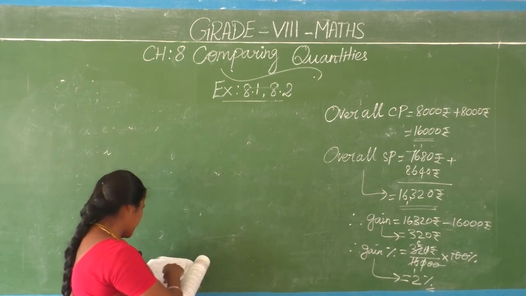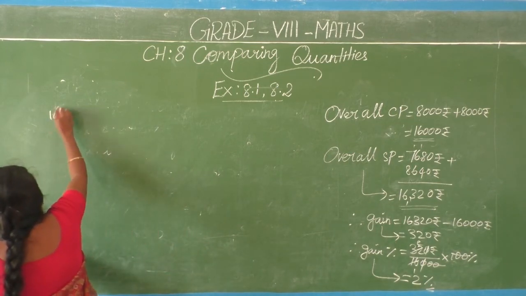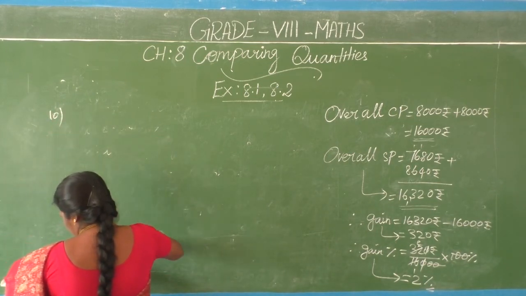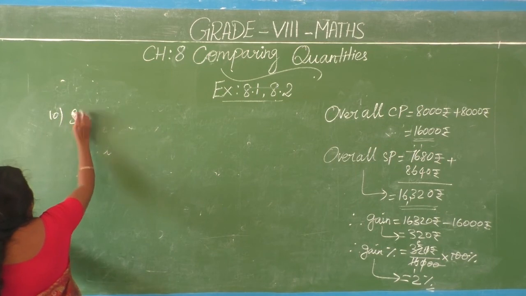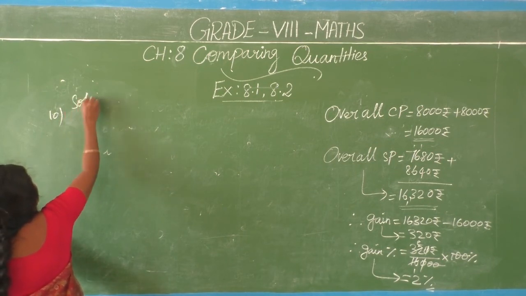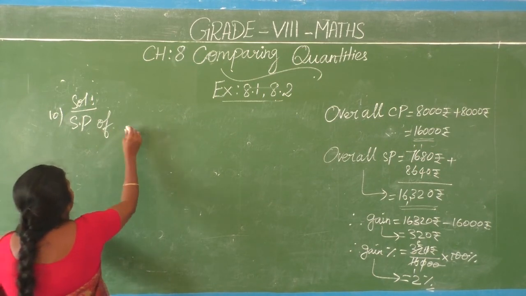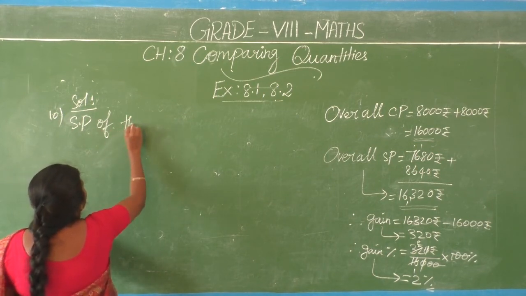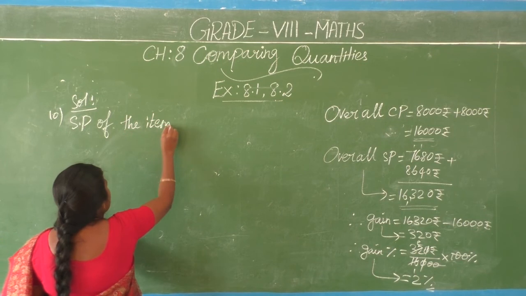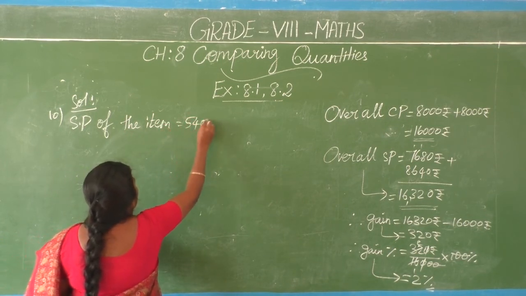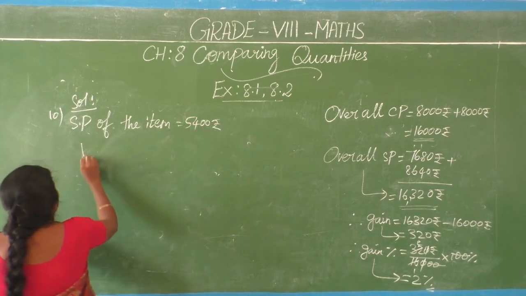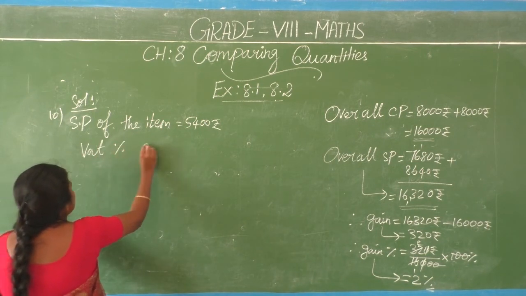See, 10th question. SP of the hair dryer, SP of the item. What is given? 5,400 rupees. VAT percentage is 8.